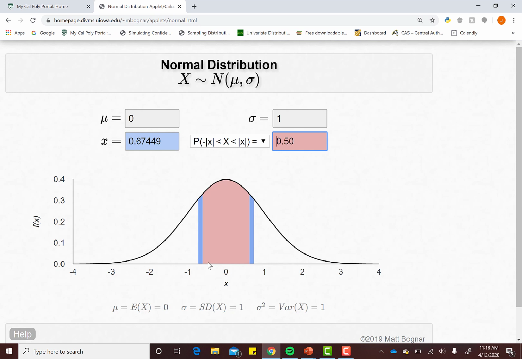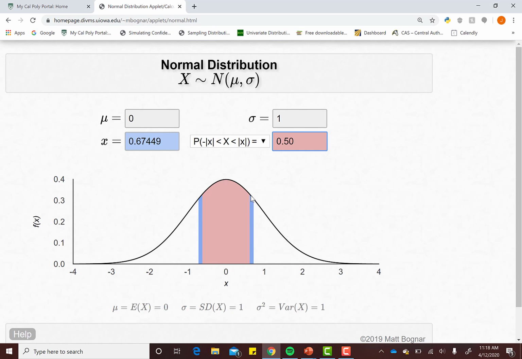Also in the back of our heads, we should keep in mind that 25% of observations are less than negative 0.67. So if we were to look at negative 0.67 as a z-score, that would be indicative of the 25th percentile. This blue line is greater than 25% of observations. 25% are over here, 50% are in the middle, and 25% are above.